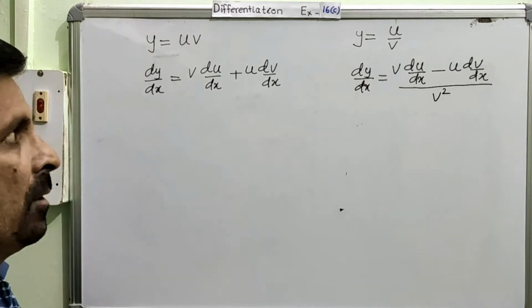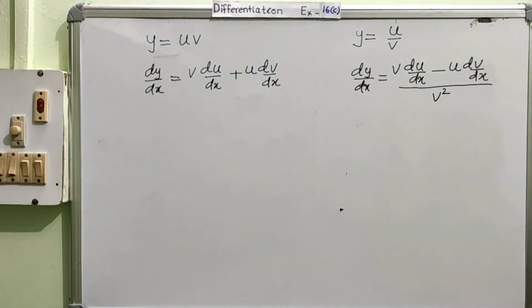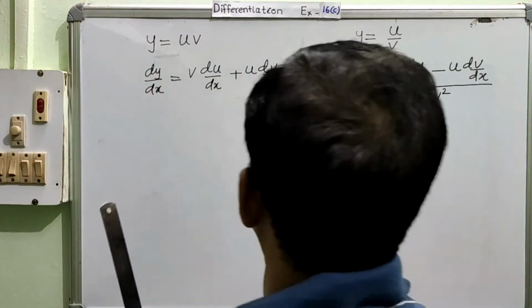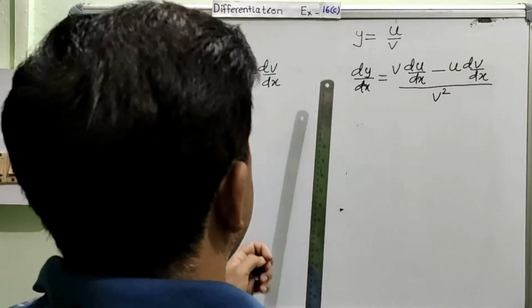So this is the rule for the derivative of product form and quotient form. Is this okay? So we will keep this rule in our mind and then we will differentiate.